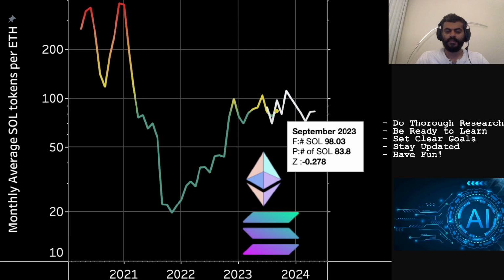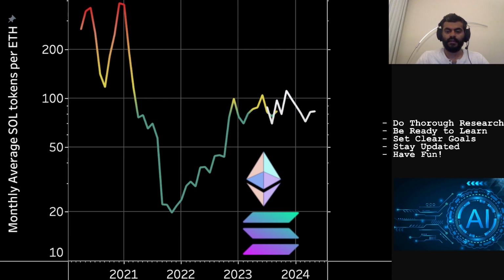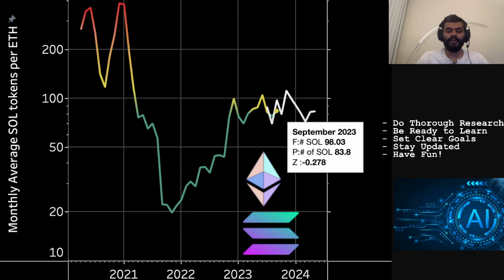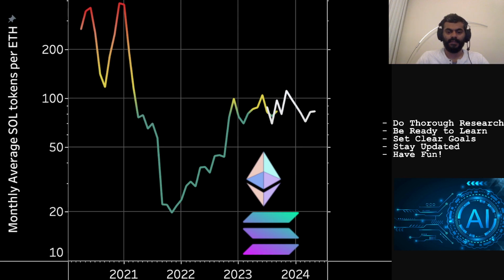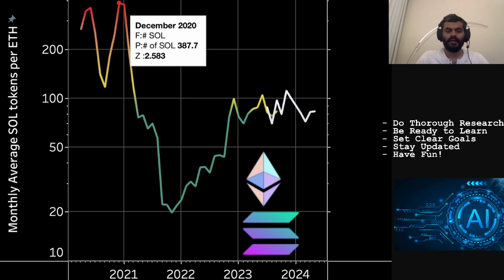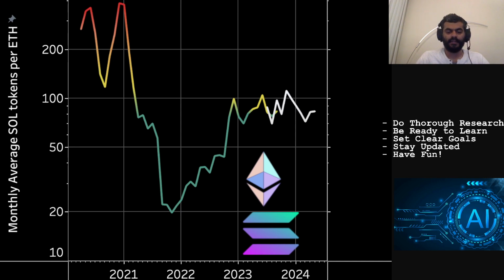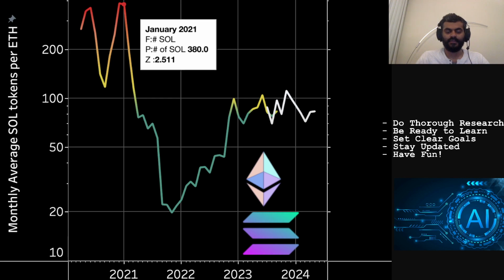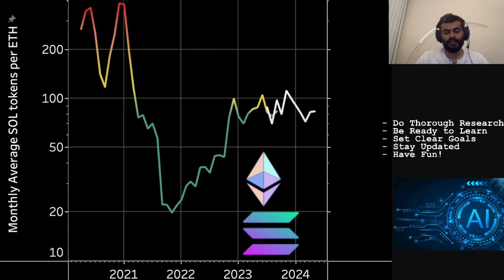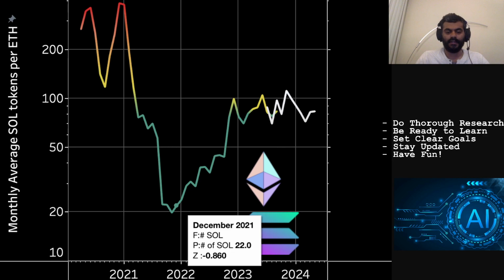When the z-score tends to be negative, Solana tends to be more overvalued with respect to Ethereum. And the reality is, the peaks that you see over here kind of mark the end of the bearishness for Solana, and then we go back to bullish or the green territory for Solana.